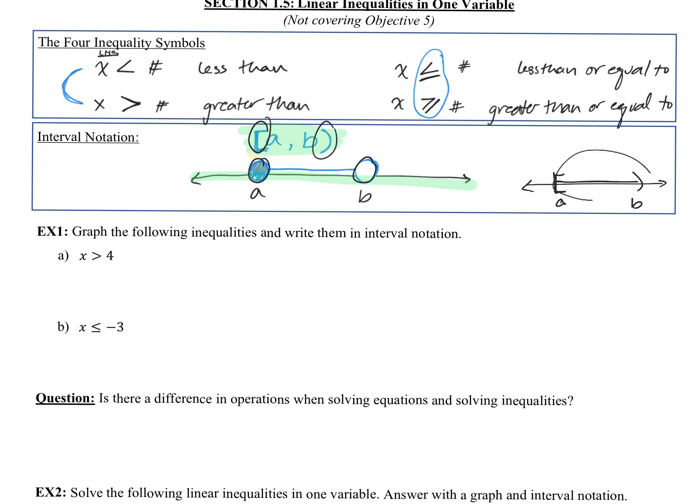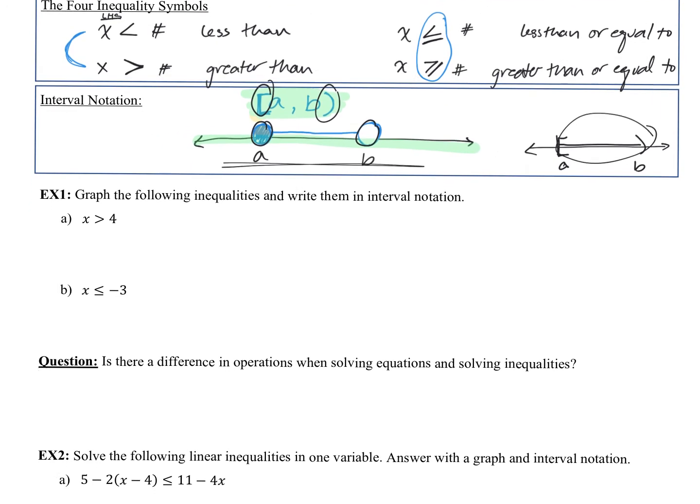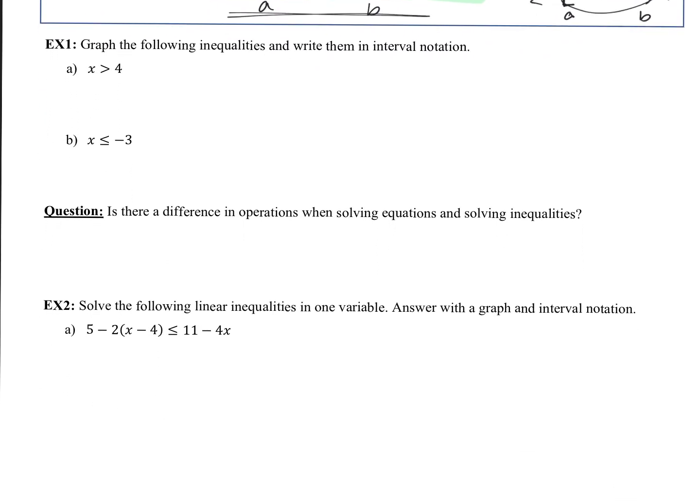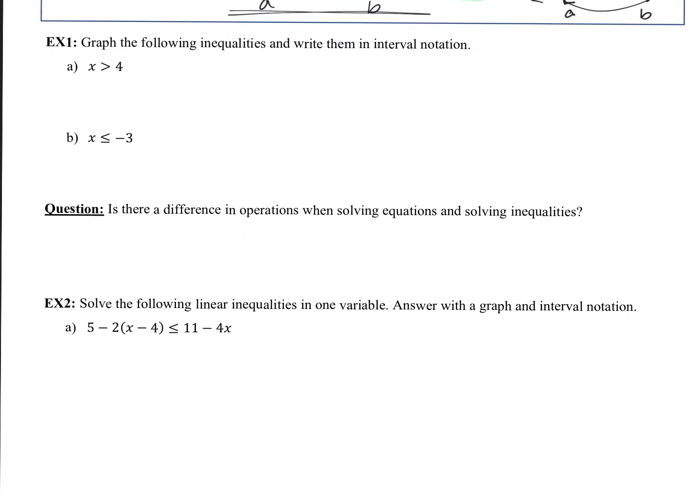I find this is a little harder to read on a graph, so I prefer to use the bubbles. Either one is acceptable. Alrighty, and that is a basic example on interval notation. That is not the straight up definition, so if you want the real definition, please go ahead and read in your book. So example 1, graph the following inequalities and write them in interval notation.